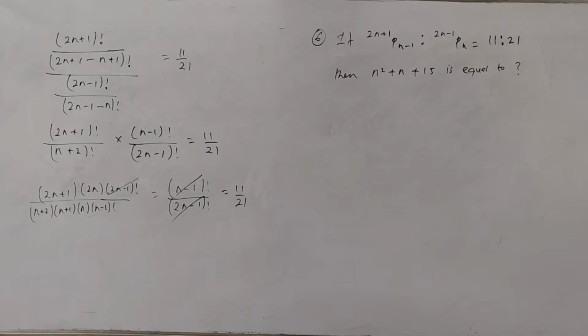Okay, have we done any calculation mistake? Just see. It should come 2n minus 1. Okay. This is 2n plus 1 into 2n.